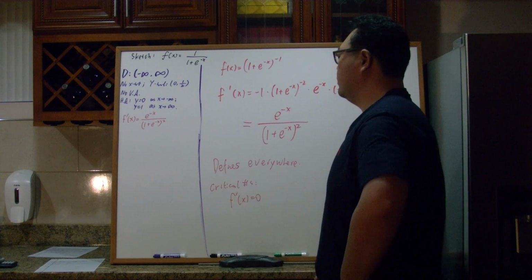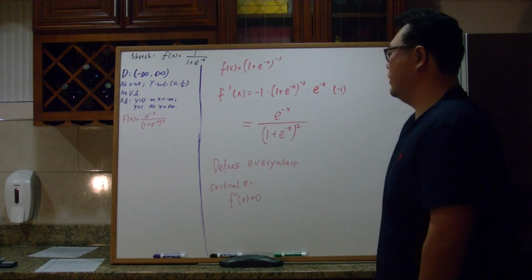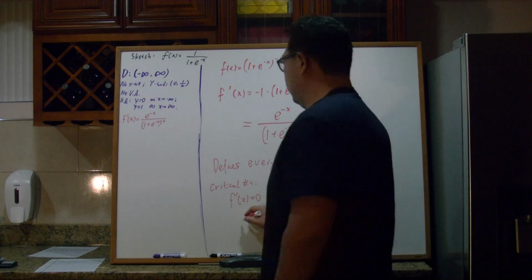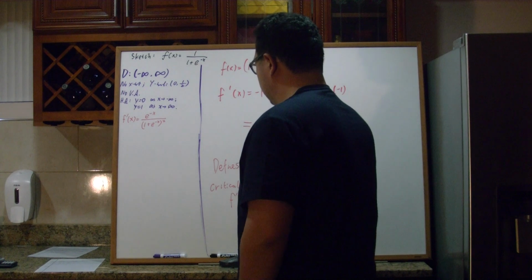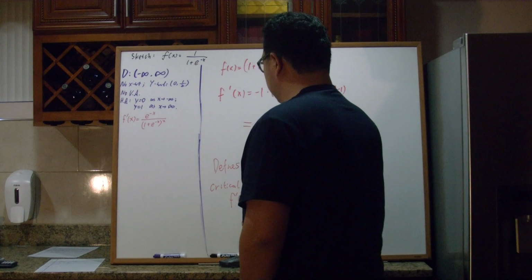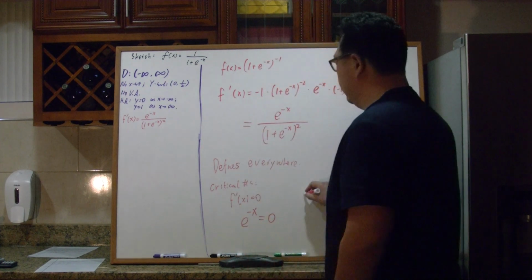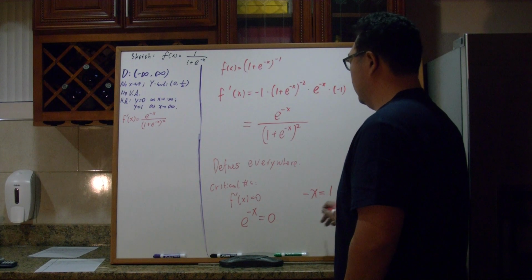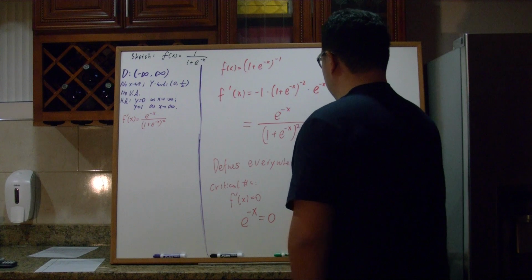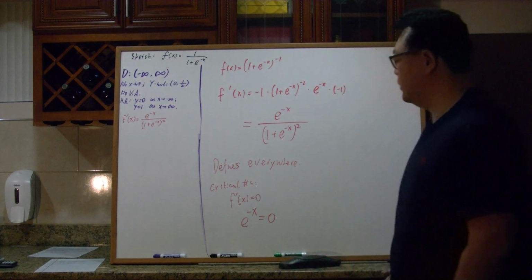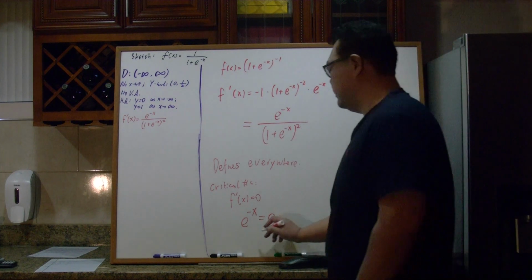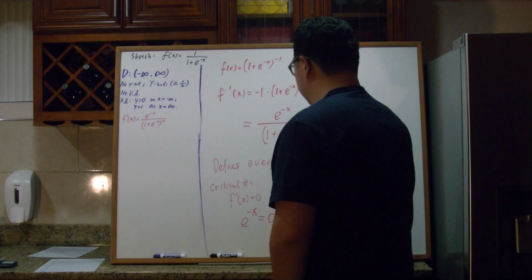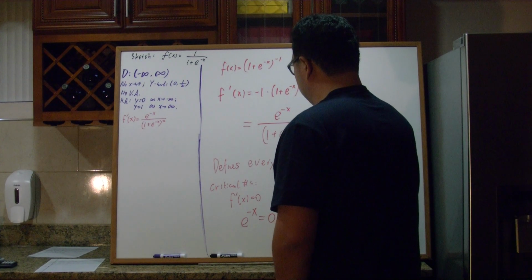Then we set f prime of x equal to 0. We get e to the negative x, the numerator, equal to 0. E to the negative x equal to 0, that we actually have no solutions, right?